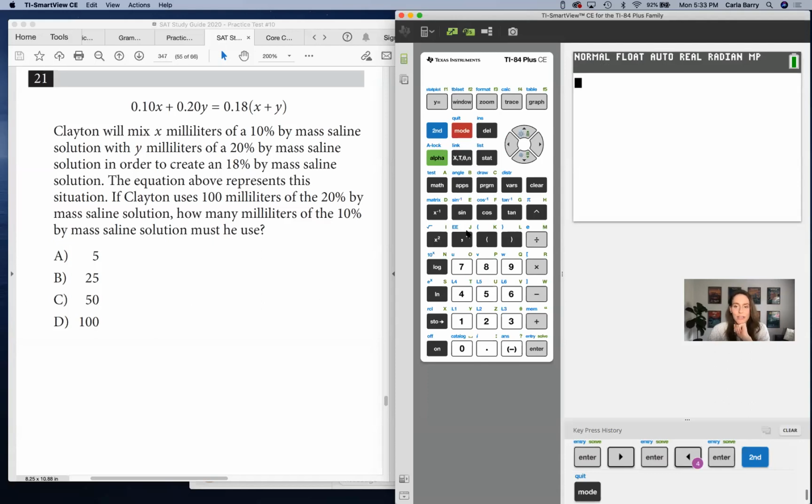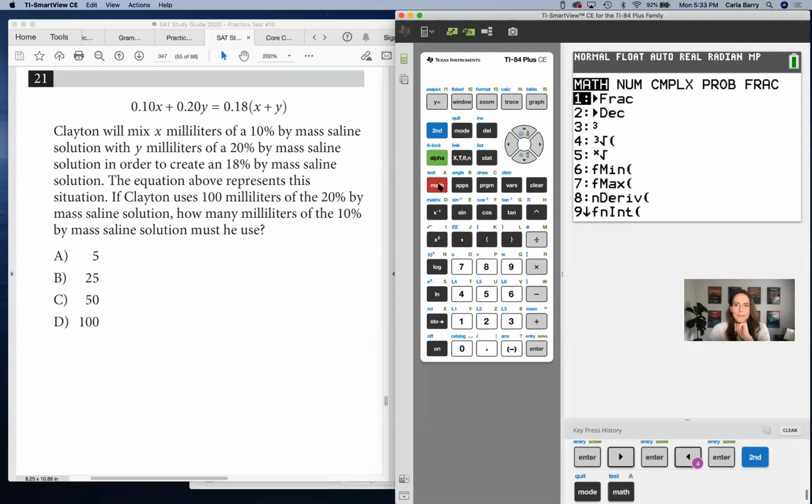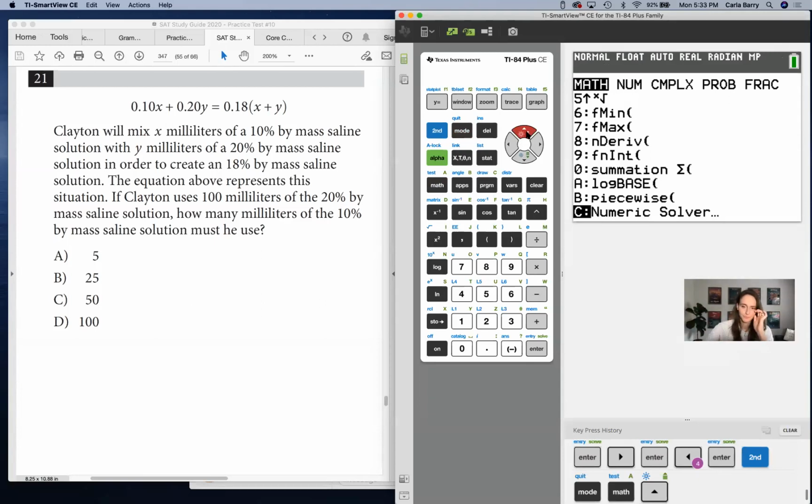Yes, the Y, Maria. So we want to go to math, and then we're just going to press up one. This is a special feature of this calculator.